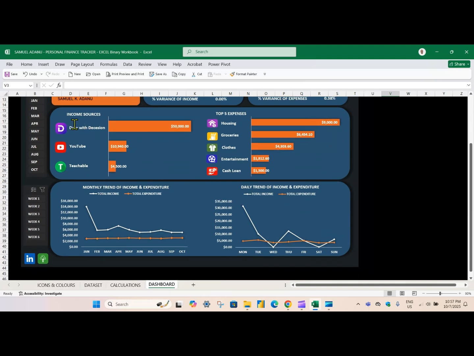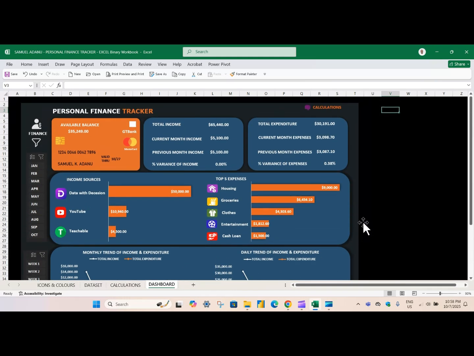Beneath the income sources and the top 5 expenses are 2 line charts. The 2 line charts are basically a line chart that visualizes a monthly trend of income and expense, and also a daily trend of income and expense on my right side here, as you can all see.